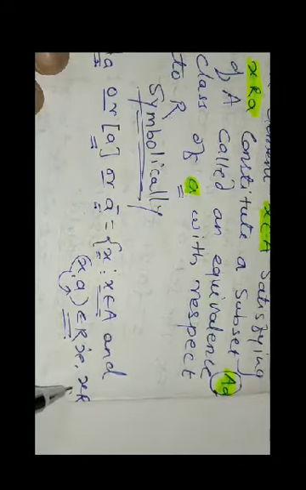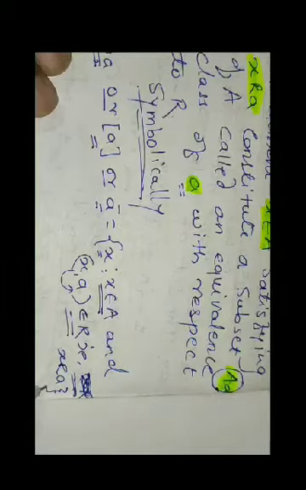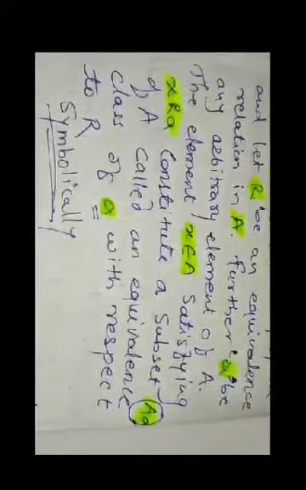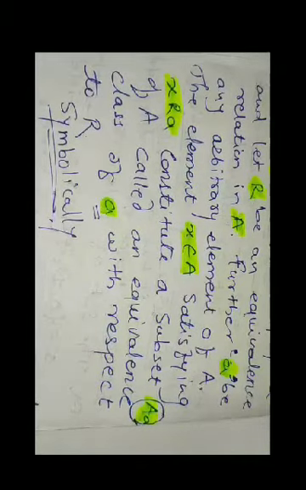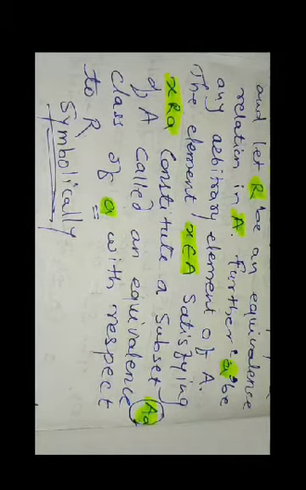So in the equivalence class of a there are elements x such that x also belongs to A and x is related to a, that is x R a belongs to the relation R. So remember this thing. Such classes are called equivalence classes, or the equivalence class of a.